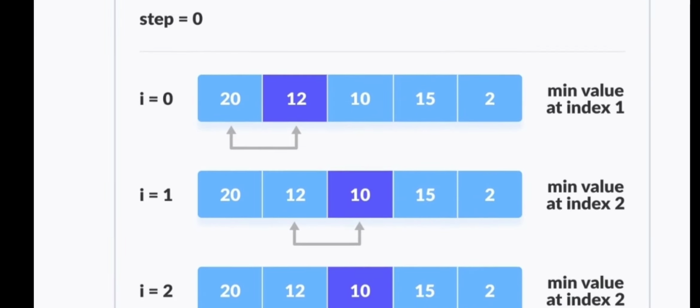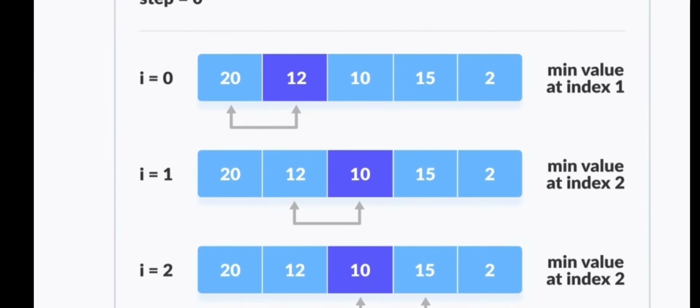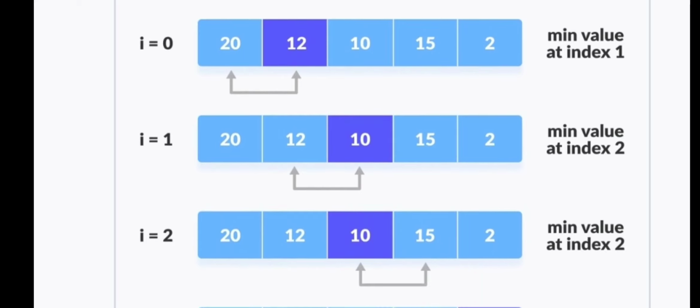So we observe one more time. In the first iteration, 20 is compared with 12. This is an unsorted array, so we feel 12 as a minimum. And then second, again 12 and 10 are compared, and when we compare 12 and 10, we observe thick blue here.